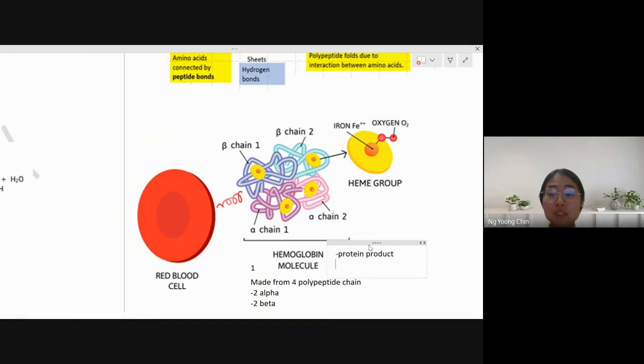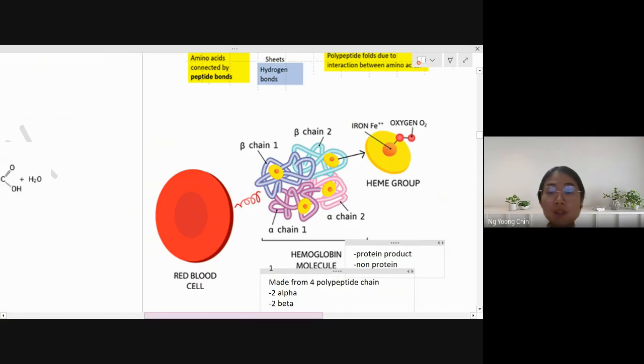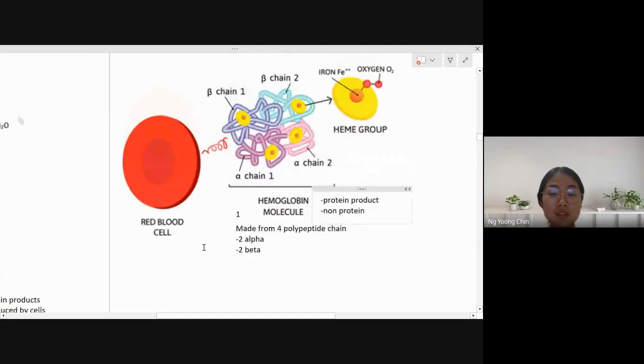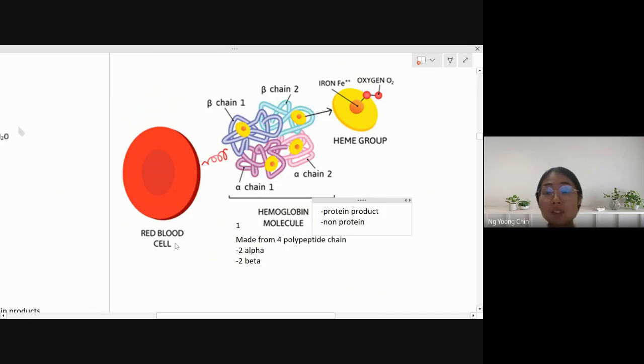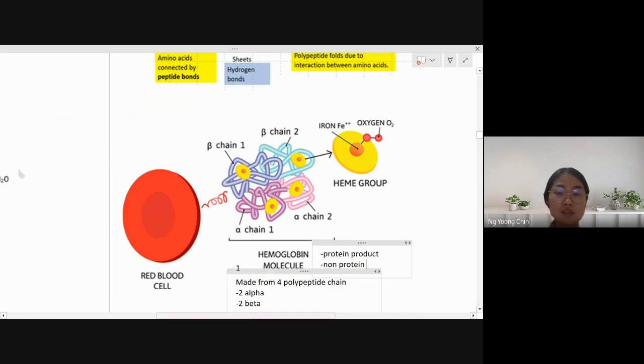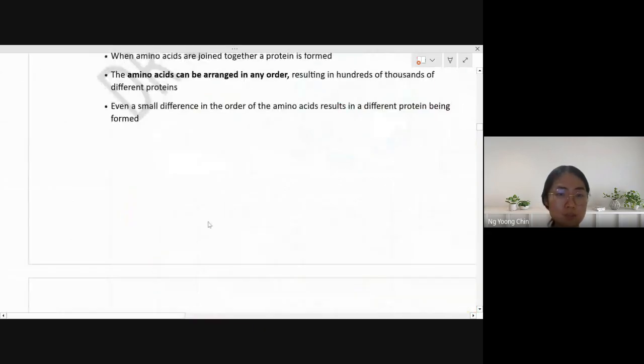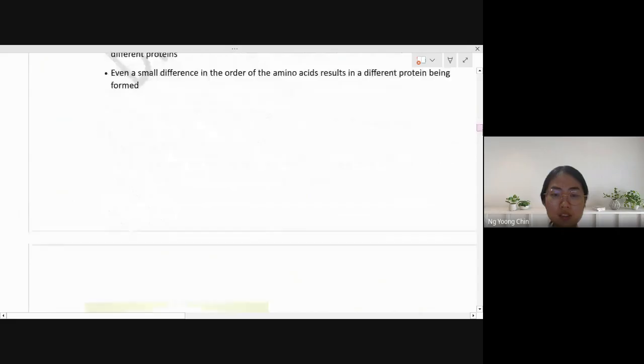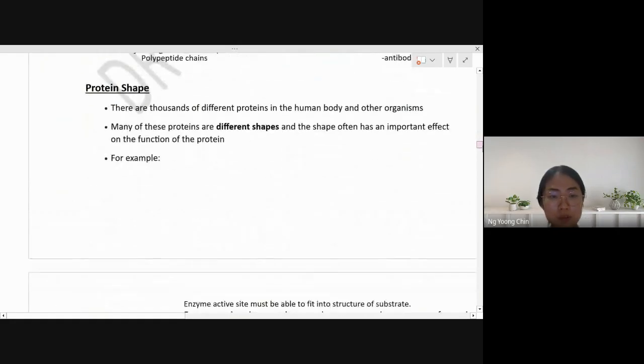The non-protein parts included here are the iron and the oxygen. Because hemoglobin helps to transport oxygen, right? So they need the iron inside. Okay, so that's all for the protein. I think I finished teaching about the protein already.